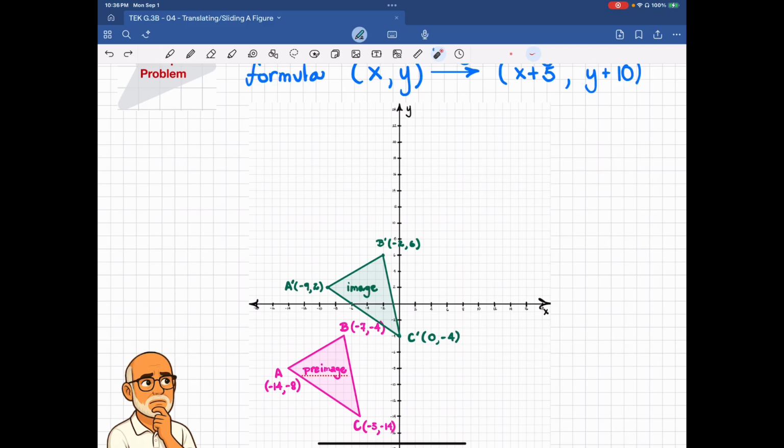Now, I just want to say that these two triangles, ABC and A prime, B prime, and C prime, are congruent. They have the exact same side length and the exact same angle measurements. So these two triangles are congruent.